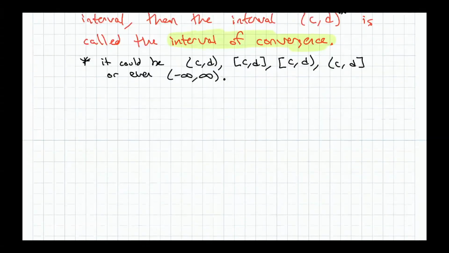Now of course, what we need to be able to do is find intervals of convergence. So what you have to do to find an interval of convergence is as follows. There are a few circumstances in which you would find an interval of convergence in a different way than this.